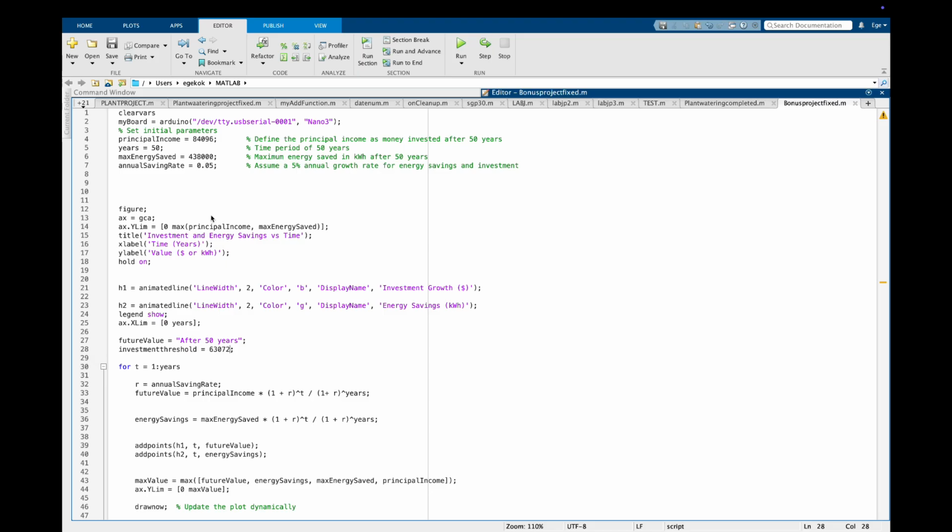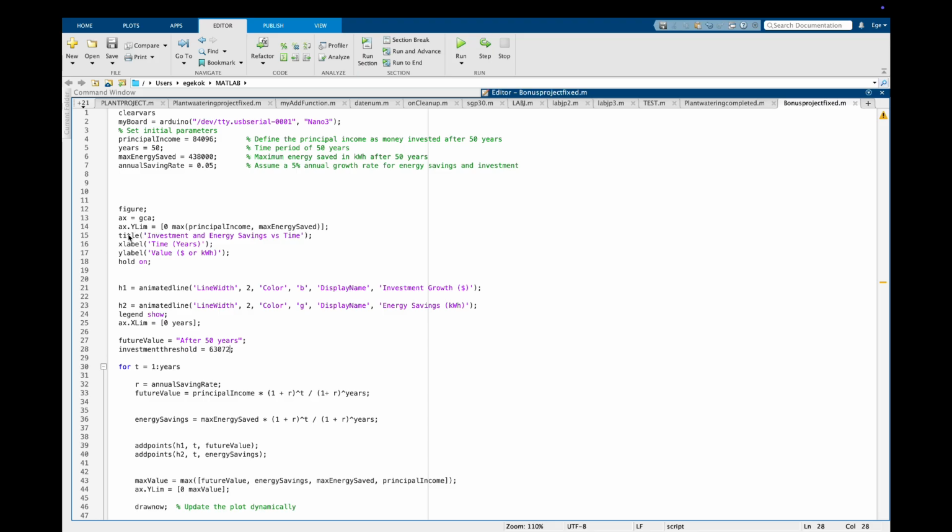They help define the principal income and maximum energy saved, and based on these two conditions, they generate an accurate plot of the graph based on the two lines.